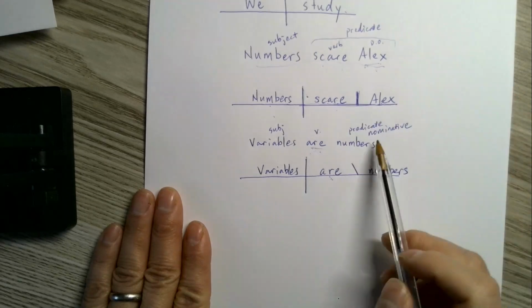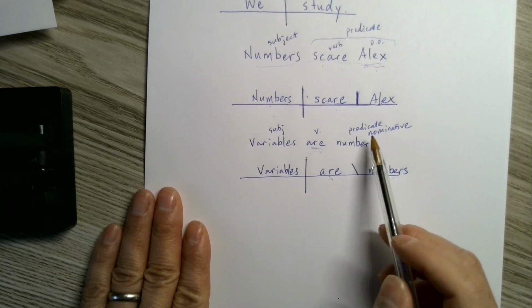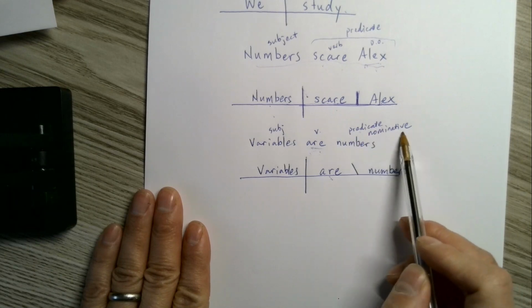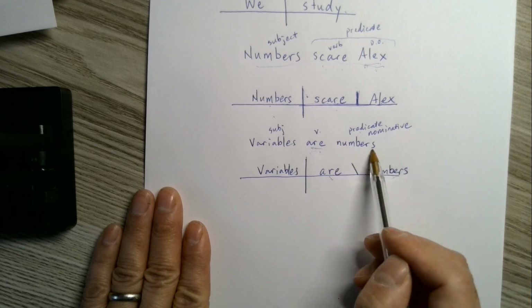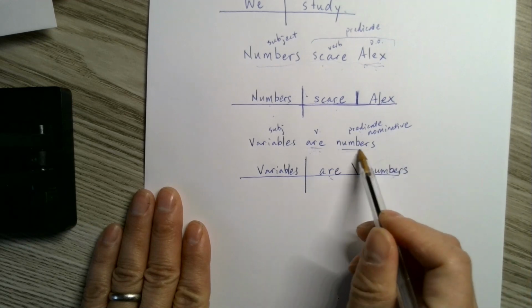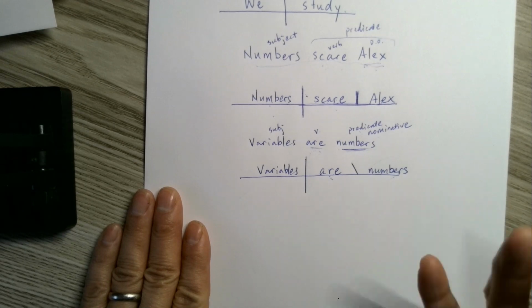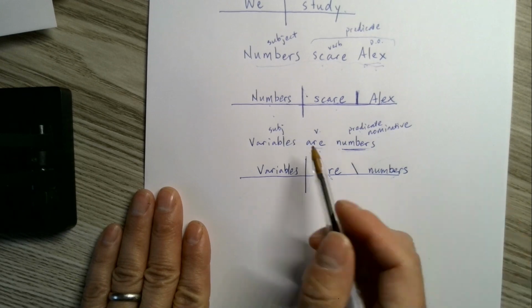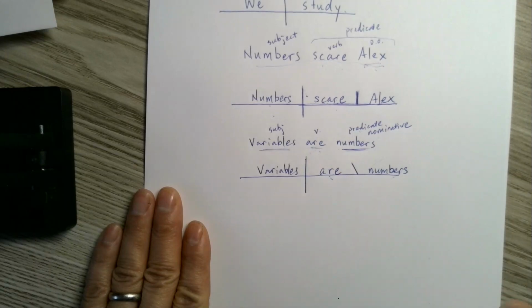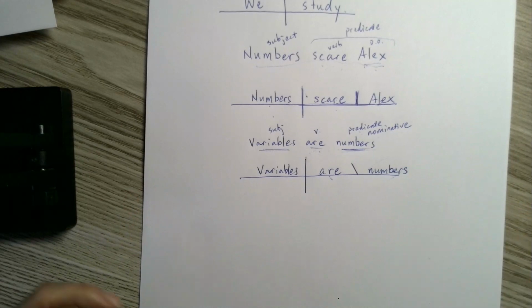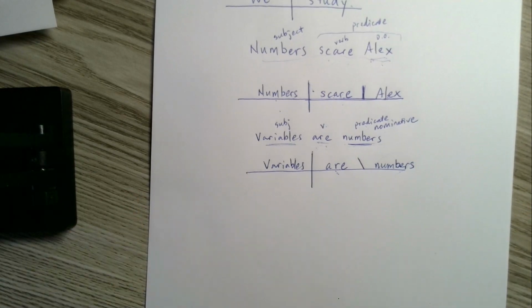All that means is it's in the predicate, that's why it says predicate, but it's a nominative, meaning this is a name, or you could even say it's a synonym in this case, of variables, because variables are numbers. And if you're well versed in math, you know that variables represent numbers, and that's why I chose this sentence.